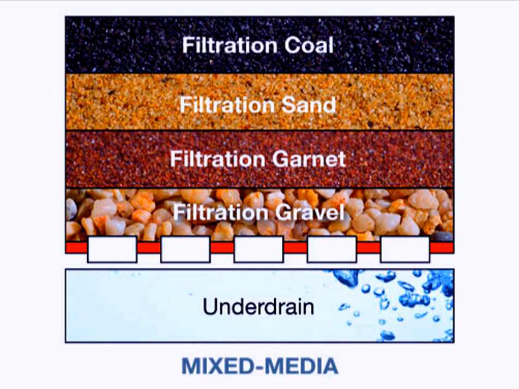Included in the specification for filter sand are the grain size, size distribution, shape, density, hardness, and porosity. Hardness is particularly important because soft sand will break down quickly during the agitation of backwashing.